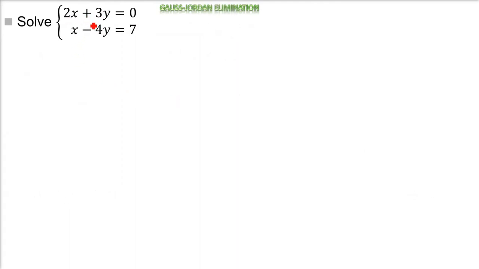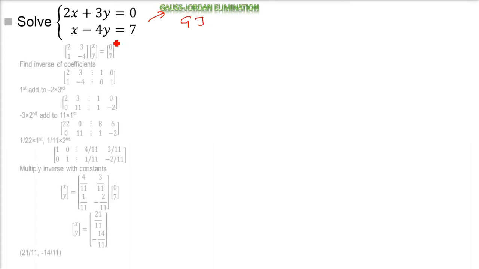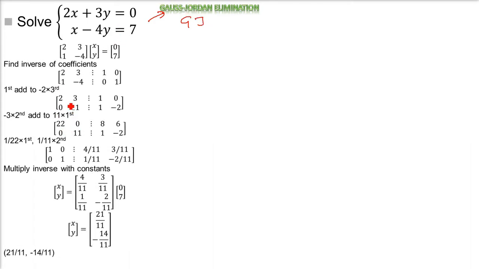So we have these two equations. We'll use the Gauss-Jordan elimination method, the GJ method you can call it. Just keep an eye on the solution here, but I'm going to solve it for you. The first equation is 2x plus 3y equals 0.